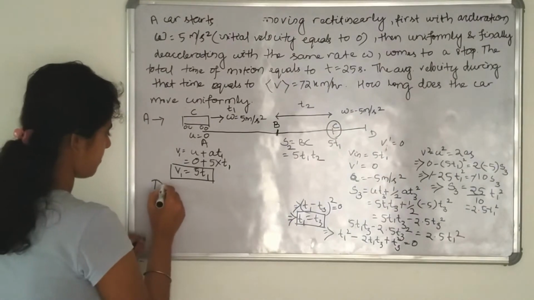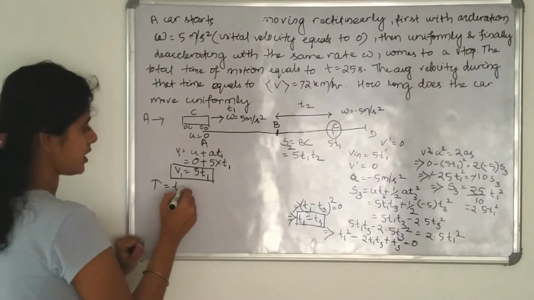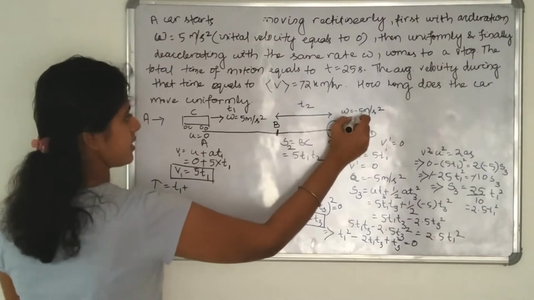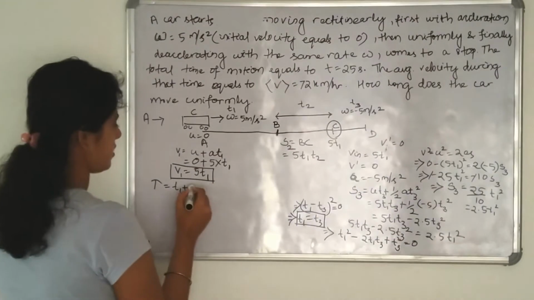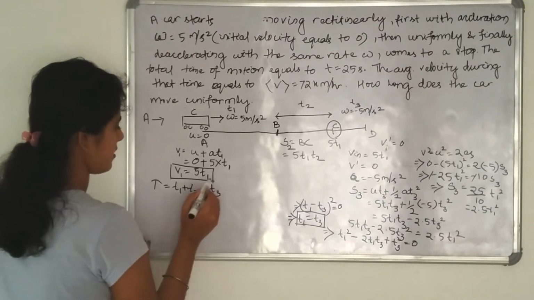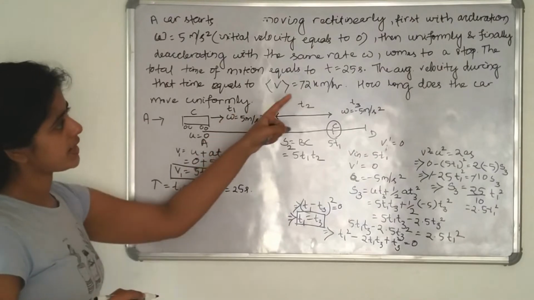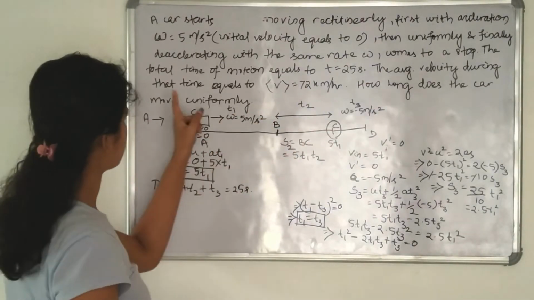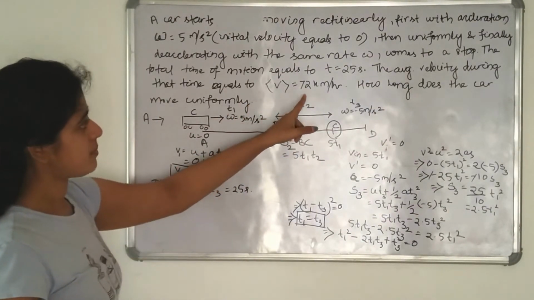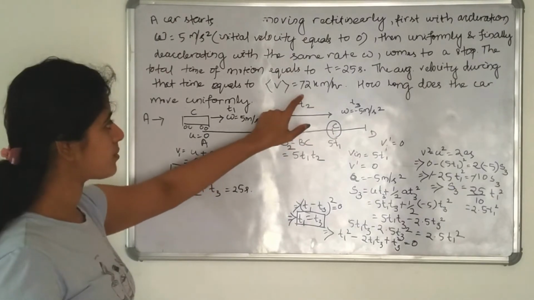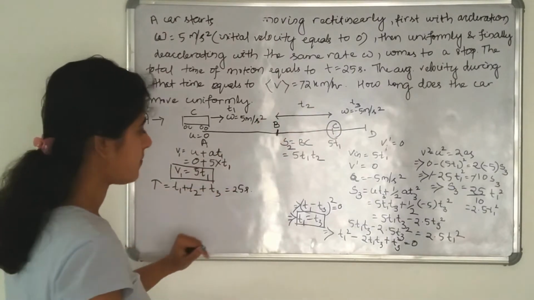So the total time, capital T, is equal to T1 plus T2 plus T3, which is equal to 25 seconds. It again tells us that the average velocity during that time is 72 km per hour, so we have to convert it into meter per second.